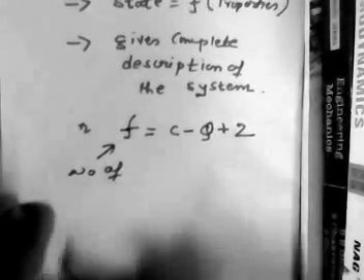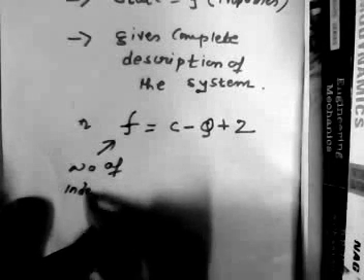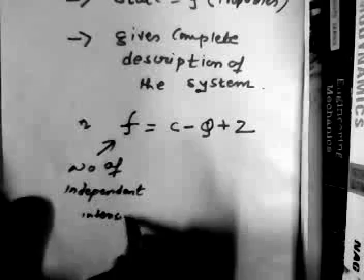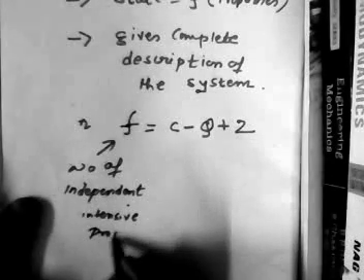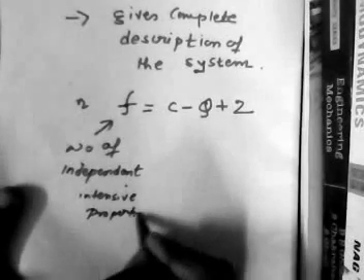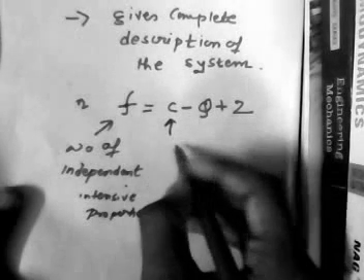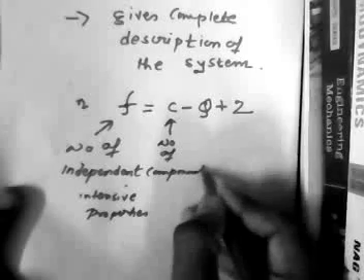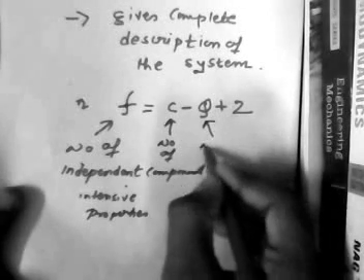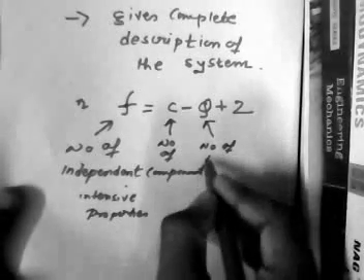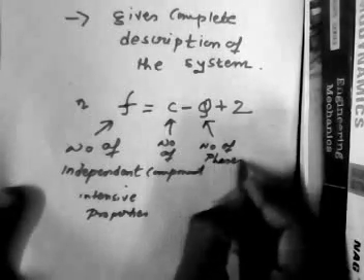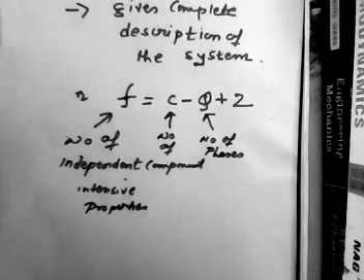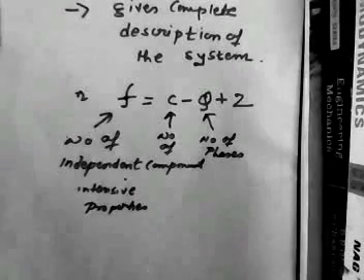This F is the number of independent intensive properties, C is the number of components, and phi is the number of phases. The 2 represents the two thermodynamic variables, one is pressure and one is temperature.